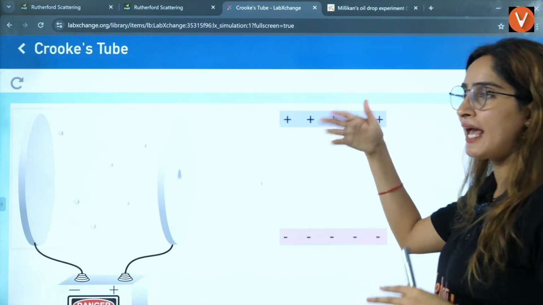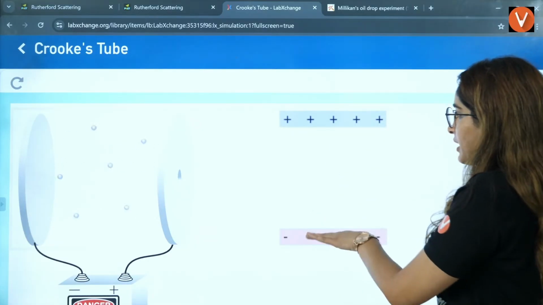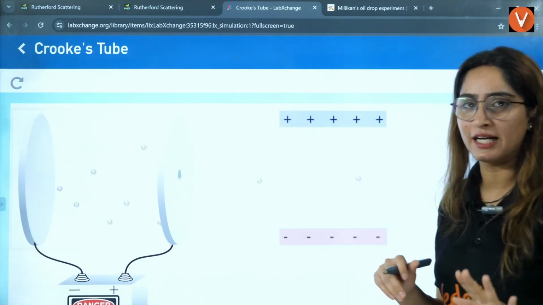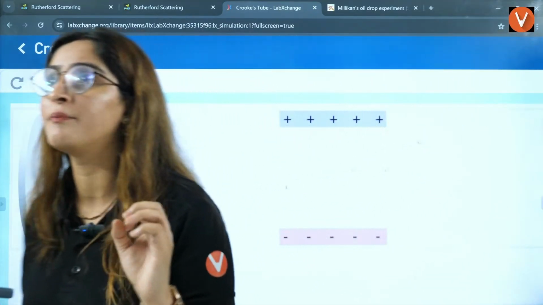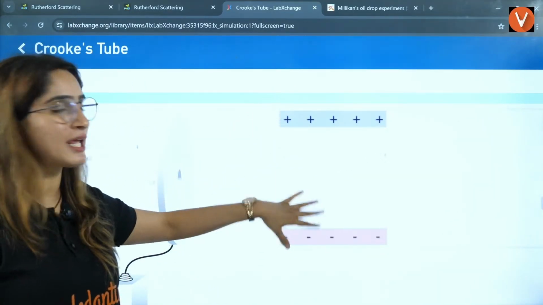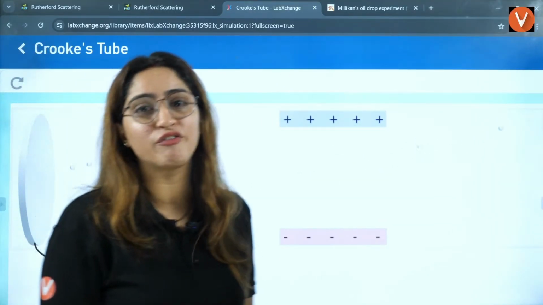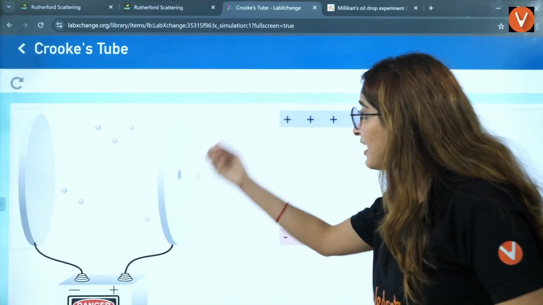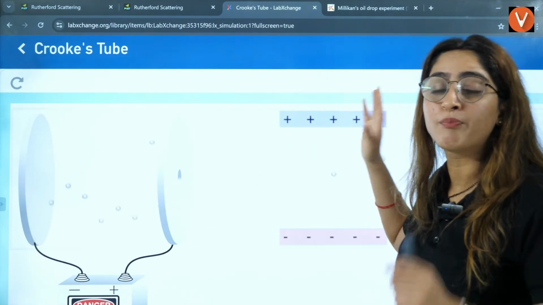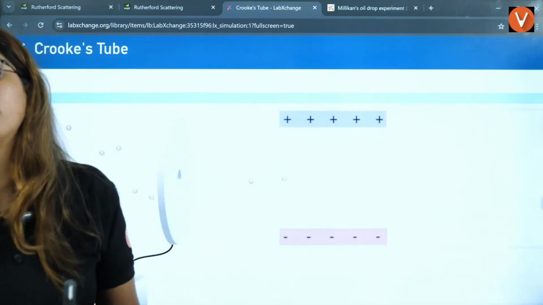So here they have further experimented by putting positive and negative plates, to see whether the rays get attracted to the positive or the negative. This is one of the properties of cathode rays: when they are put in an electric field, with positive and negative plates, these particles get attracted to the positive terminal of the electric field, which says that these particles are negatively charged.